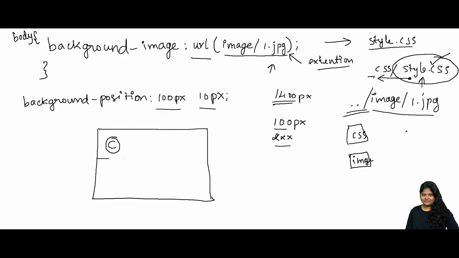So it will take 100 pixels from here and 10 pixels from here, and according to this value the image will be positioned. So where to position our background image can be given inside background-position.